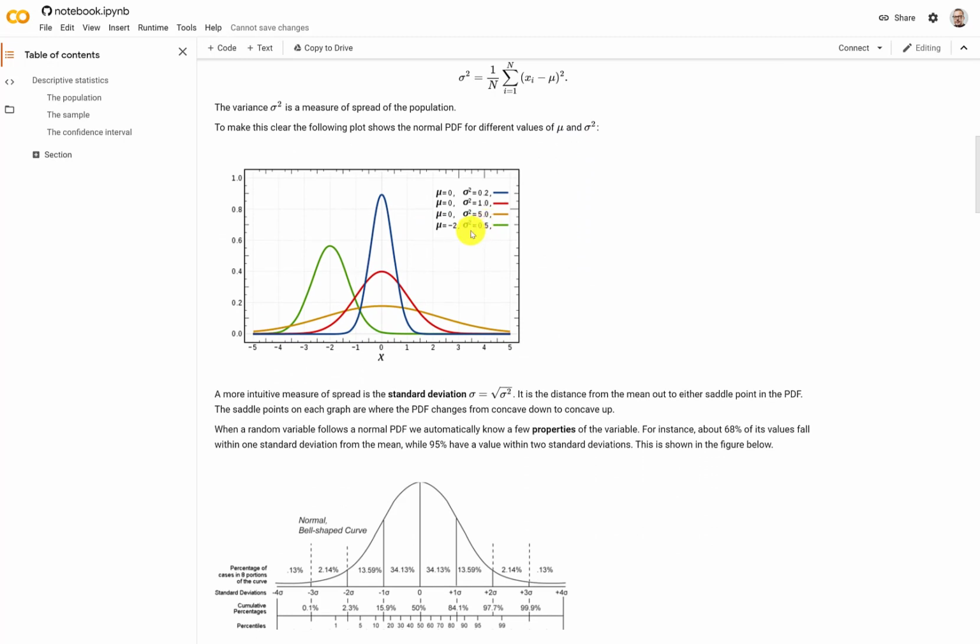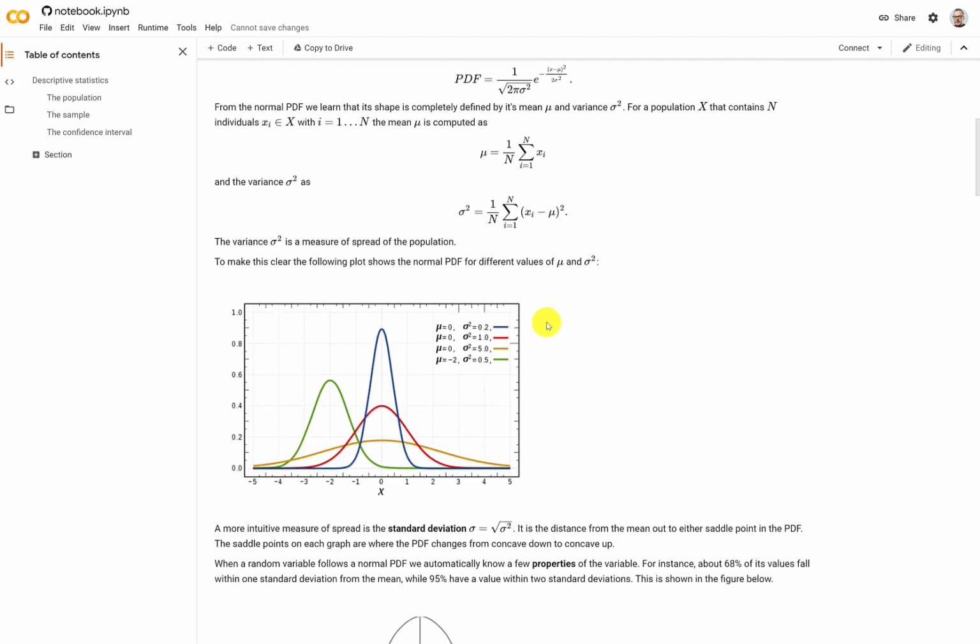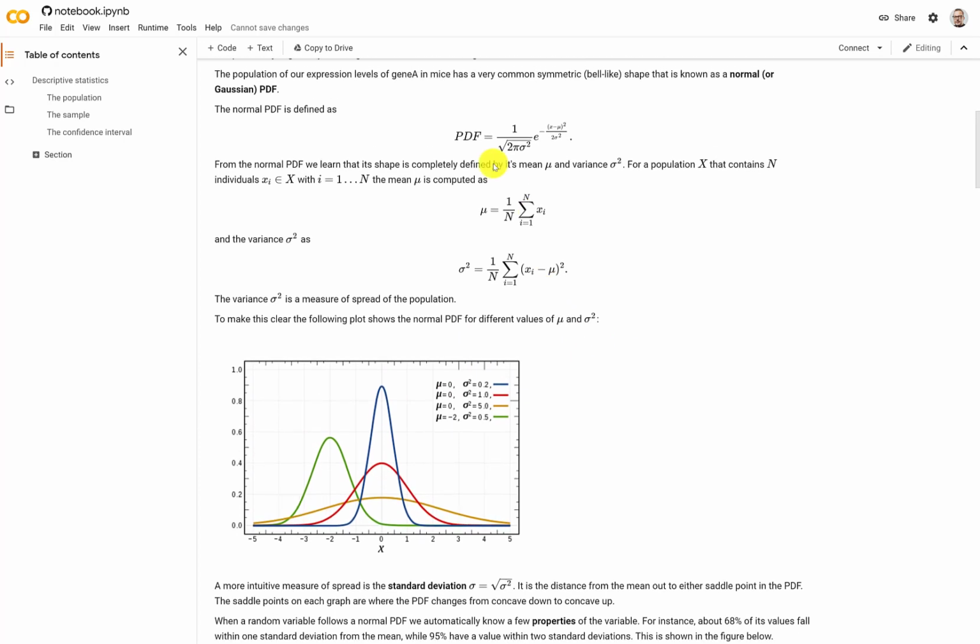For instance, you can see here that the blue, red, and yellow ones have the same mean, so they have the same center, while the green one has a smaller mean, so you can see a shift here. And of course the variance determines the spread of the bell shape. So by having these two values, we have determined the full probability density function for a certain population.